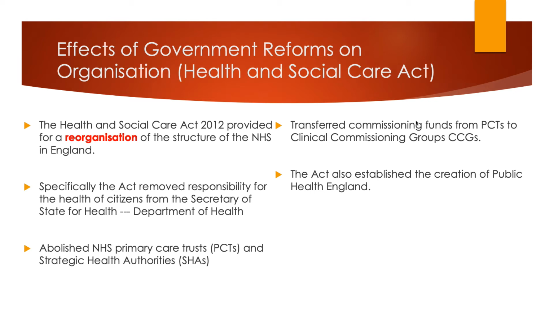It removed responsibility from politicians and moved it to clinicians. The responsibility of the health of the citizens moved from the Secretary of State to the Department of Health. It abolished PCTs and SHAs and gave their responsibility of commissioning healthcare services to clinical commissioning groups. And in 2013, for the first time, we had Public Health England.